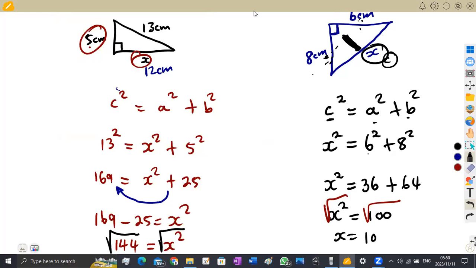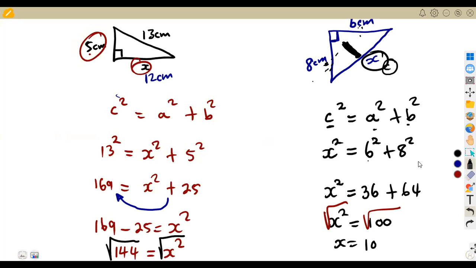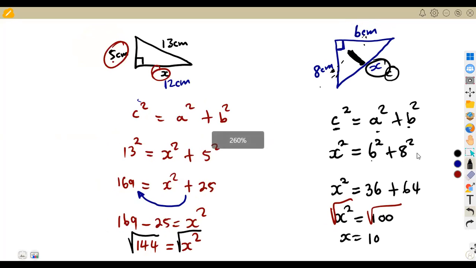So our X there is going to give us 10. That is the side corresponding to the right angle triangle, where we have got the sides of 6 centimeters and 8 centimeters. It means this will be 10 centimeters, all right, which is this side as our hypotenuse.